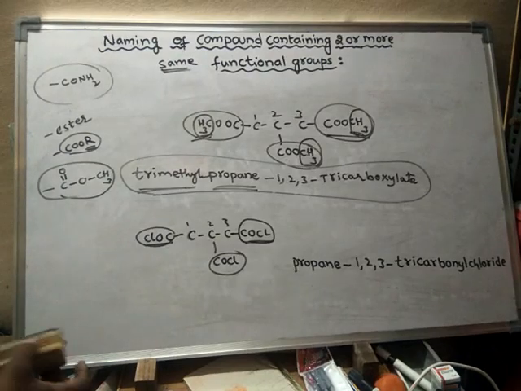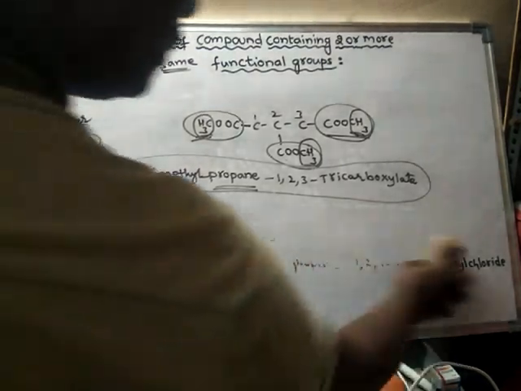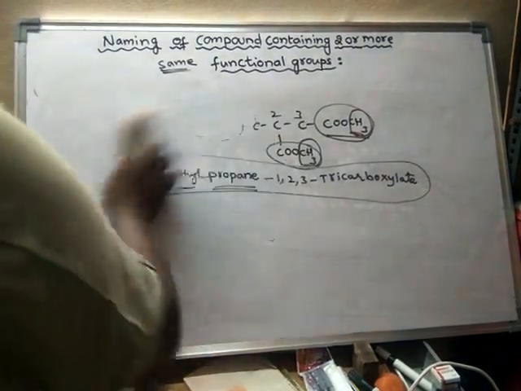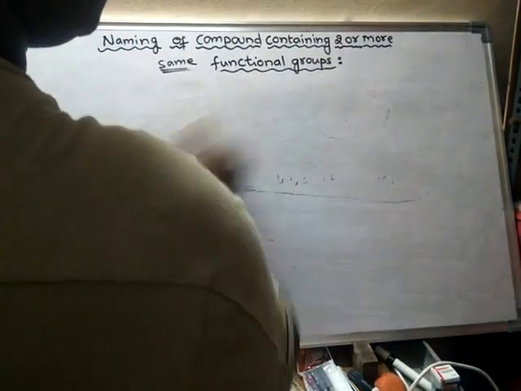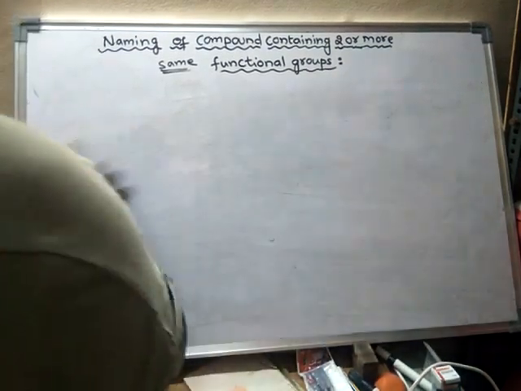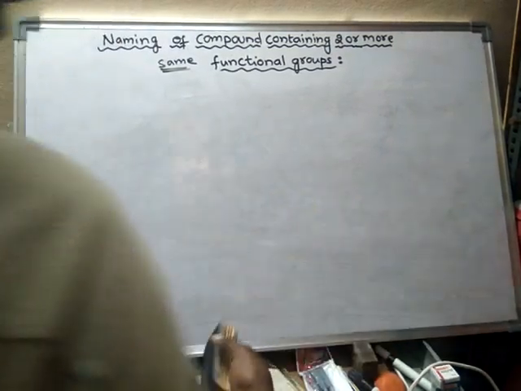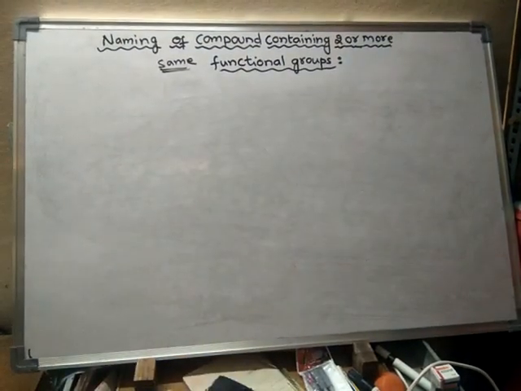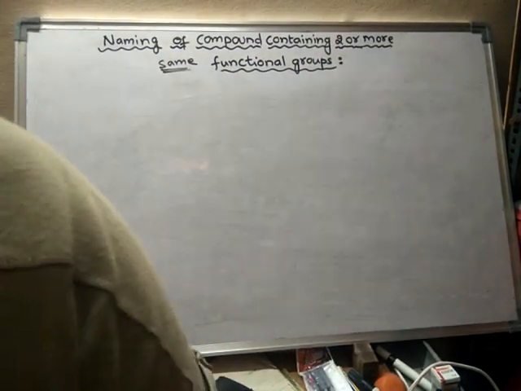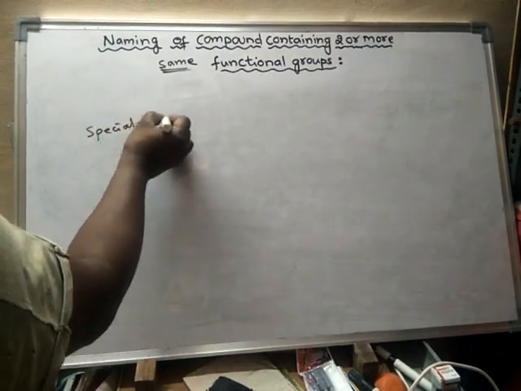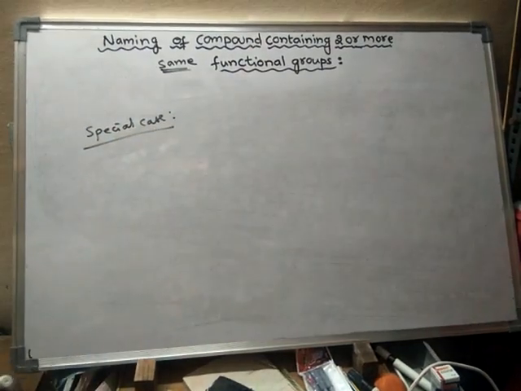Right. So in this way, we can learn how to write the name of a compound containing two or more same functional groups. Right. Now another special case. Let us learn a special case. See, look here.